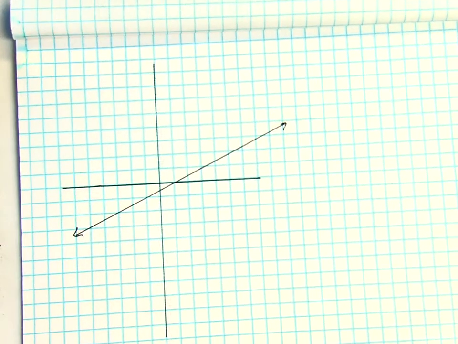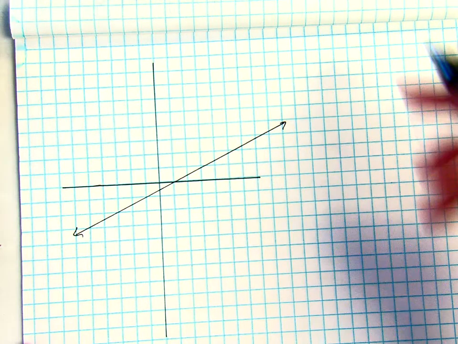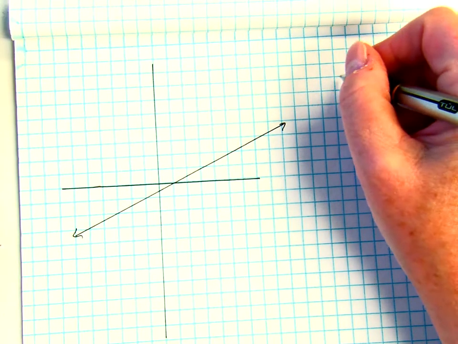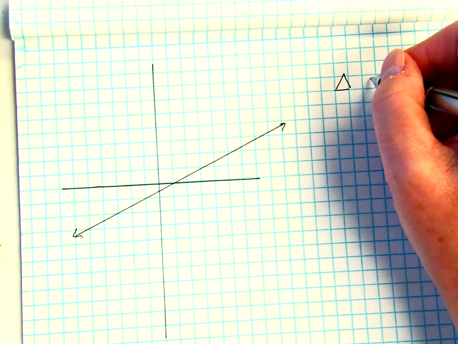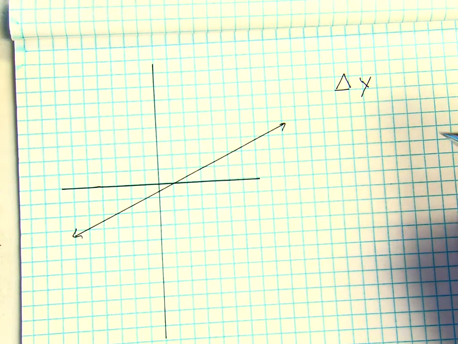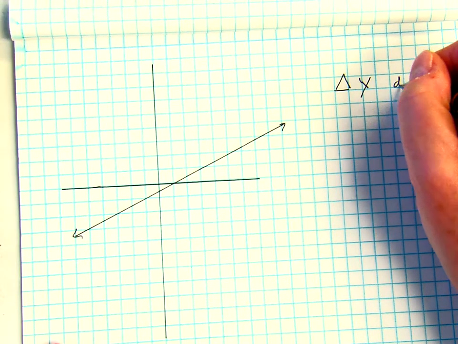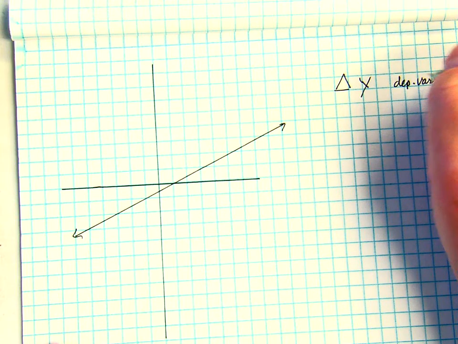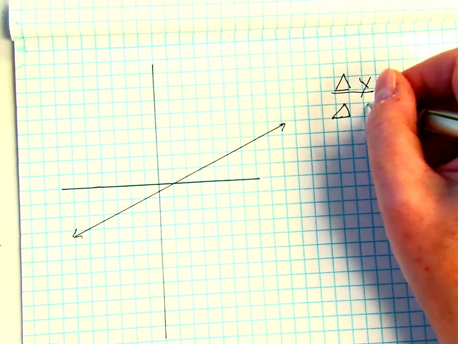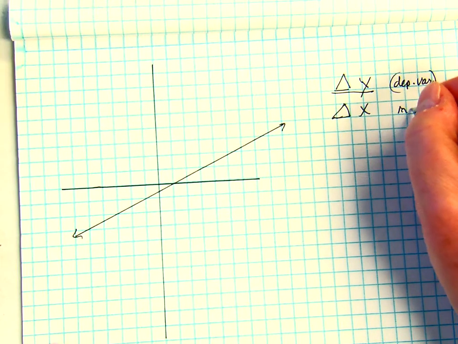Okay, so with our rate of change, what we were looking at was the change in our y, which was our dependent variable, over the change in our x, which was the independent variable.